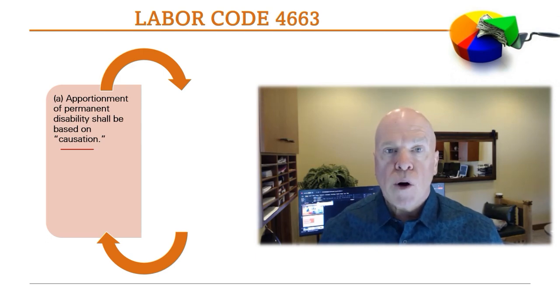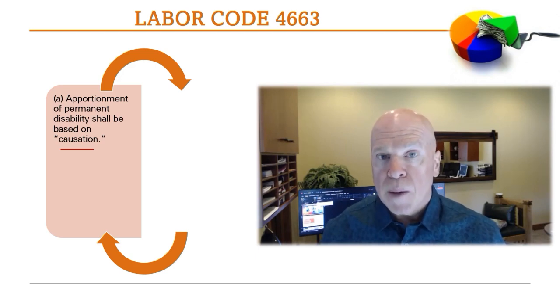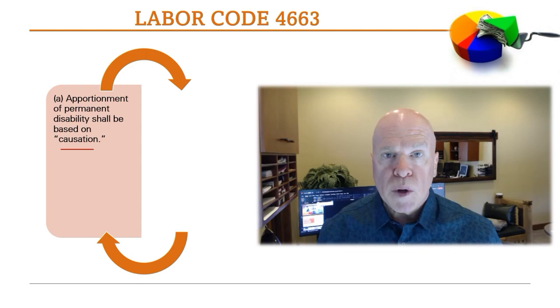And so we could have an employee on the job with a serious medical condition, an amputation, a heart condition, a psychiatric condition. But as long as that condition was not interfering with the ability to work, that condition was not labor disabling, and therefore there was no disability. And therefore, if the employee suffered an on-the-job injury, any resulting disability from that injury was unapportioned. Apportionment was very, very difficult to attain and obtain.